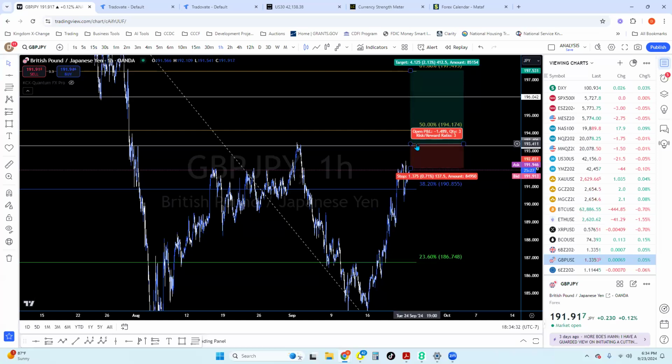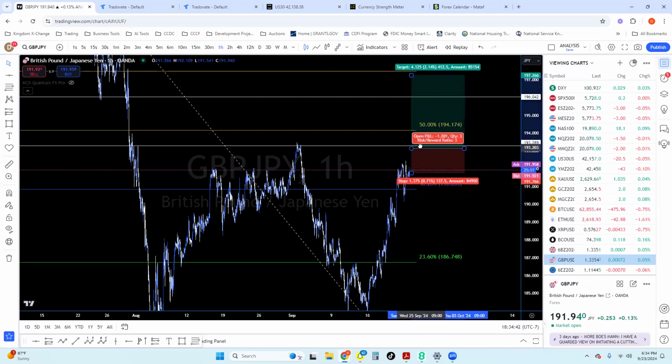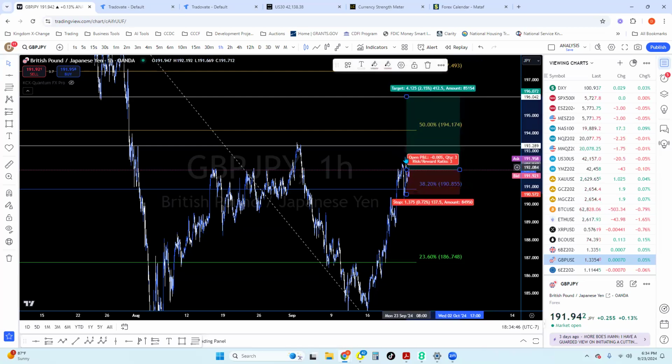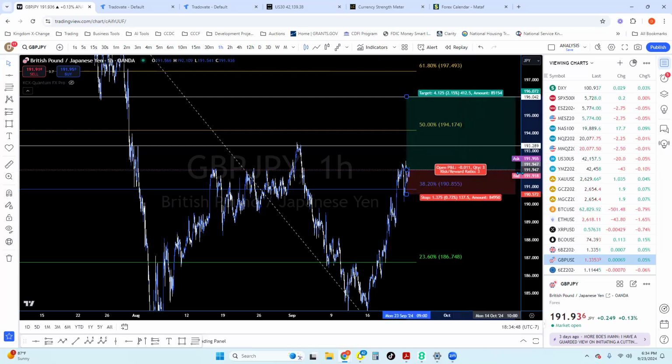Just say the 4 hour has cleared this, so I know the analysis is good and it's going to go up. I'm going to put it down here so you can see what I see when I do this. So say this is where I'm getting in. It finally closed above it, I'm getting in.